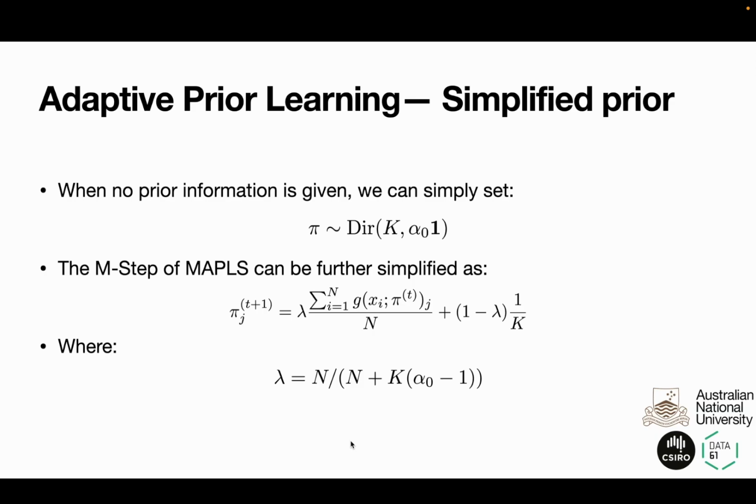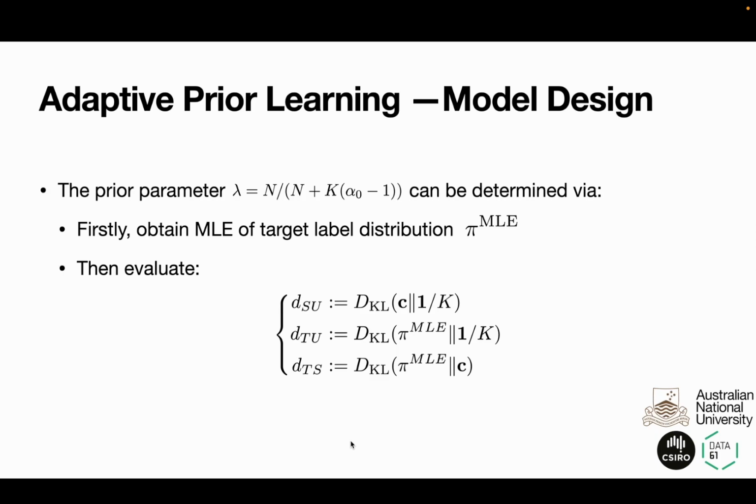Our APL model determines the hyperparameter lambda by first evaluating three KL divergences: the KL divergence between the maximum likelihood estimate of pi, the source label distribution, and the uniform categorical distribution 1 over k.